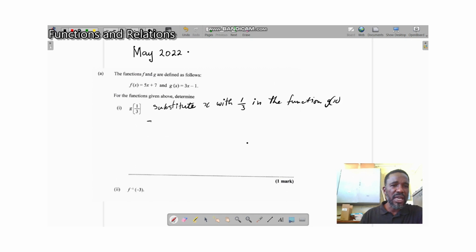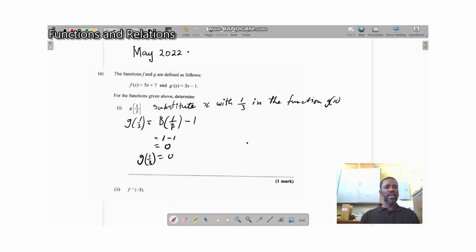So g of 1/3 is actually equal to 3 times 1/3 minus 1. 1/3 times 3 is the same as 1, so the 3 will cancel the 3. So we have 1 minus 1, and that is equal to 0. Therefore, g of 1/3 is equal to 0.